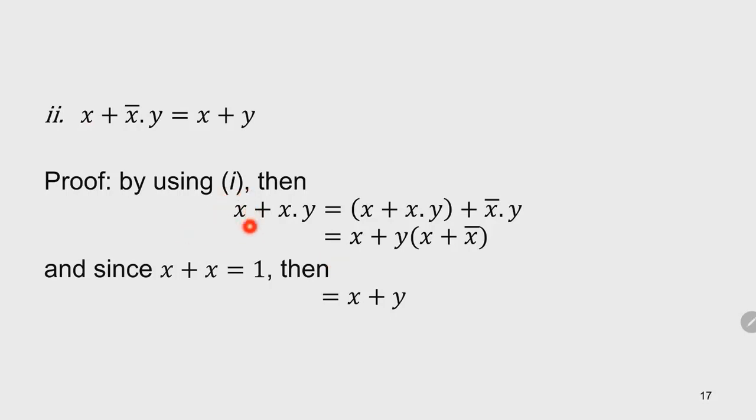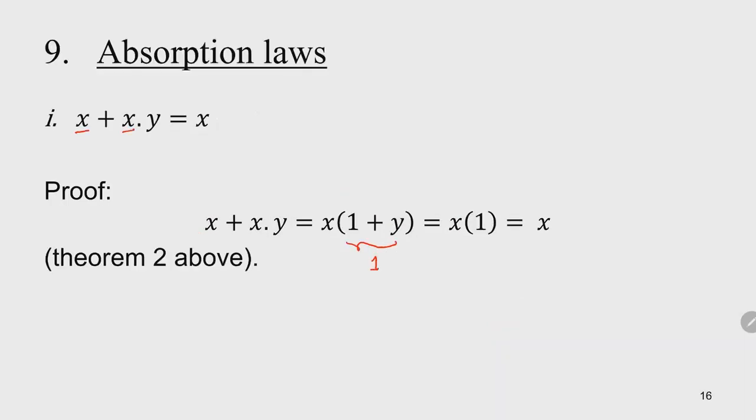Sorry, there's a mistake here. Okay, so my x here, using the first law, we can expand this into this. So x is equal to x, or with x and y.